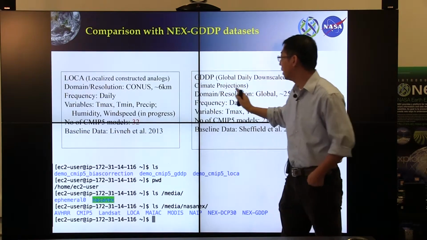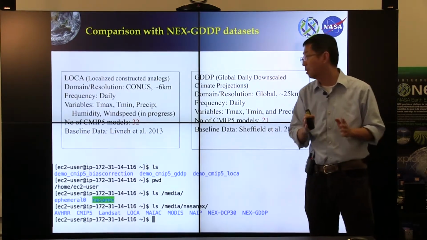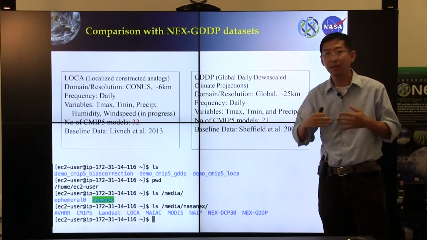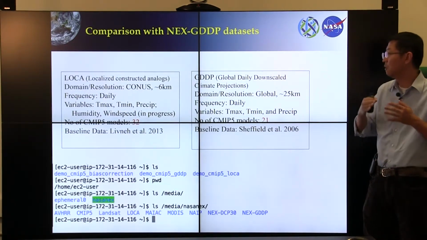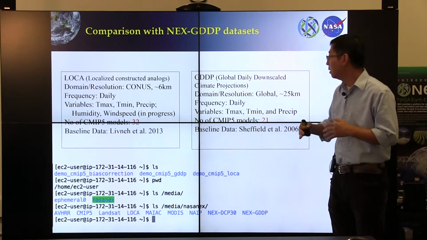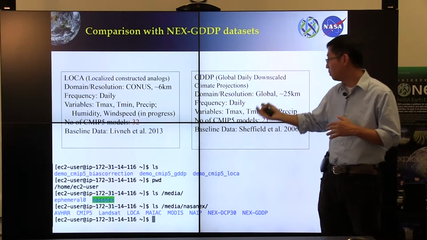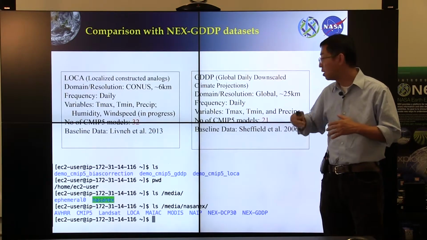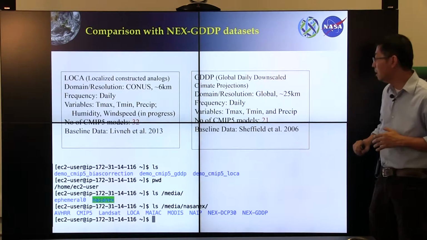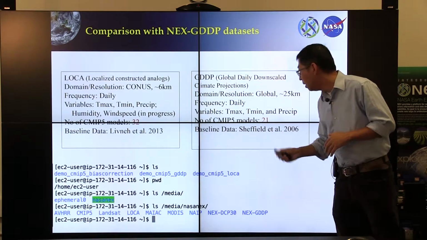Both of these data sets have a very similar format. They are all in netcdf format, and also have very similar metadata. So you can use the Python script provided for LOCA to do the same thing and analyze the GDDP data. And you actually can compare them.